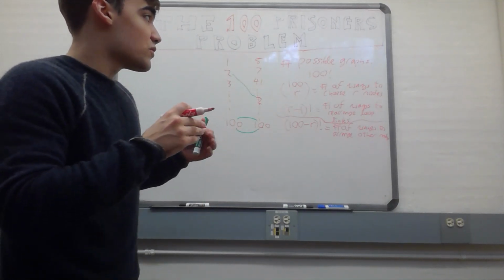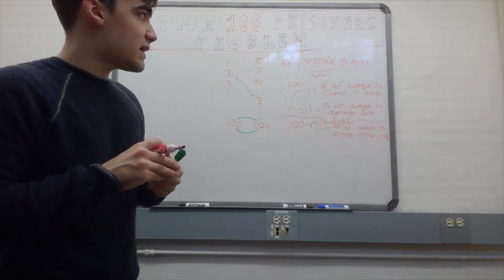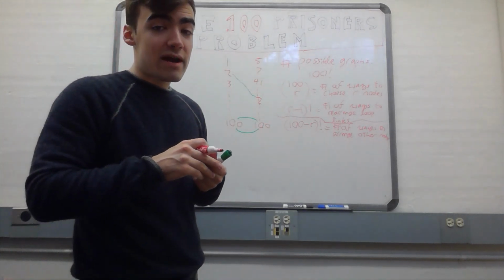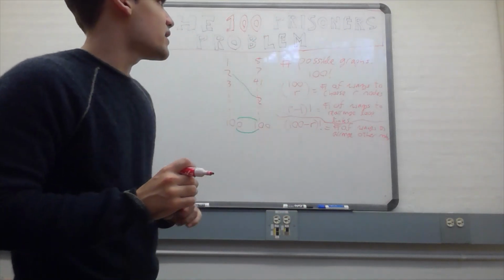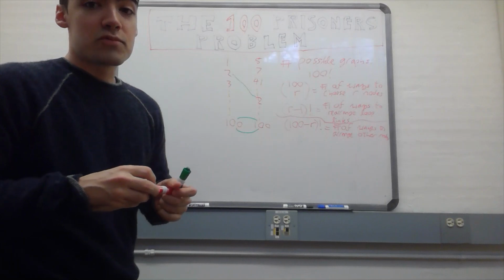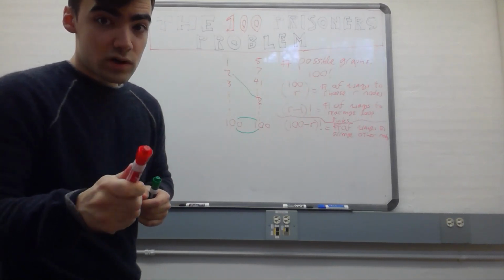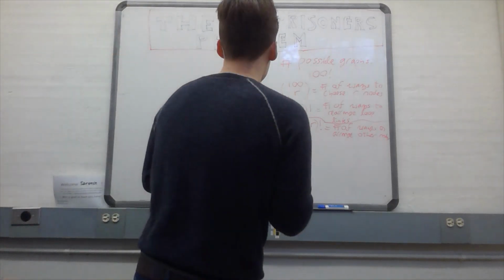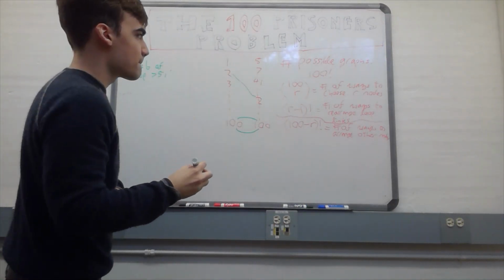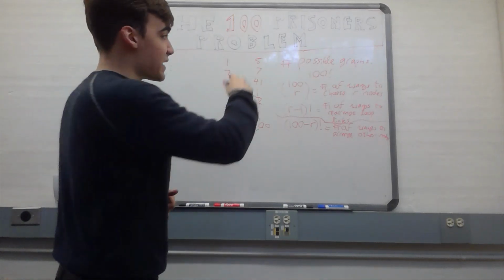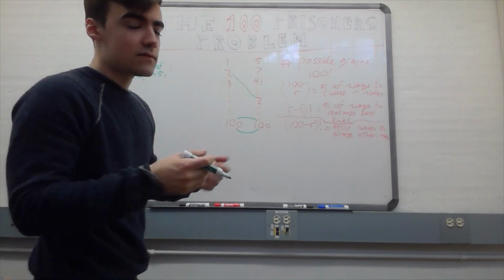And then if we multiply all 3 of these numbers together, we should get the number of possible graphs that have loops of length 51 or greater. And then we divide that by 100 factorial to get the probability of there being a loop of length 51 or greater. And we're going to add up for all values of r greater than 50.